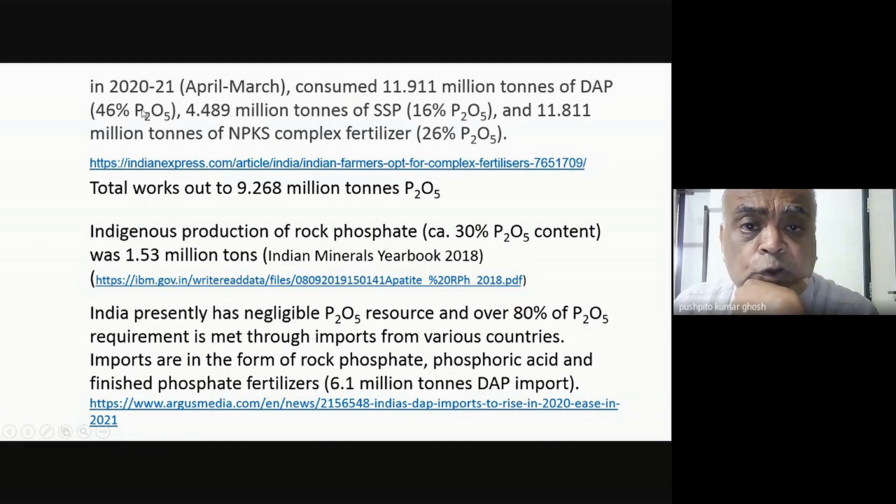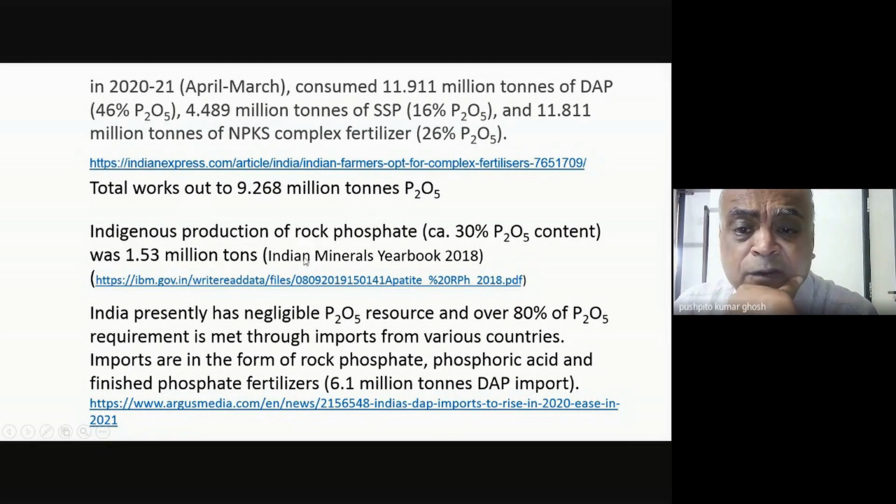Now, if you work out based on these percentages and the quantities, the total amount of P2O5 that we consume during 2020 to 21 comes out to about 9.3 million tons. Our production of rock phosphate is about 1.53 million tons based on indigenous production.